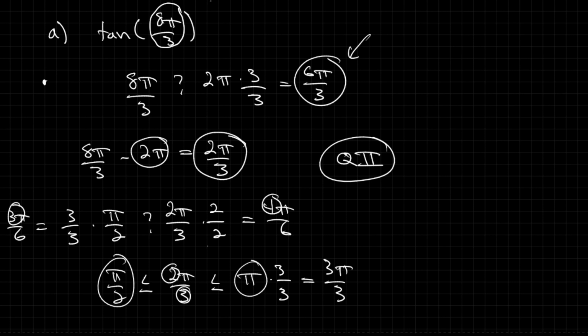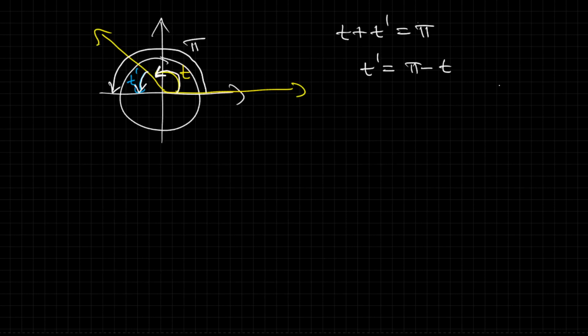That is, in this case, 2 pi over 3. So here we have that our reference angle would be pi minus 2 pi over 3, which is, getting a common denominator, 3 pi over 3 minus 2 pi over 3, just pi over 3. And this reference angle, pi over 3, is in fact one of those special angles in the first quadrant.